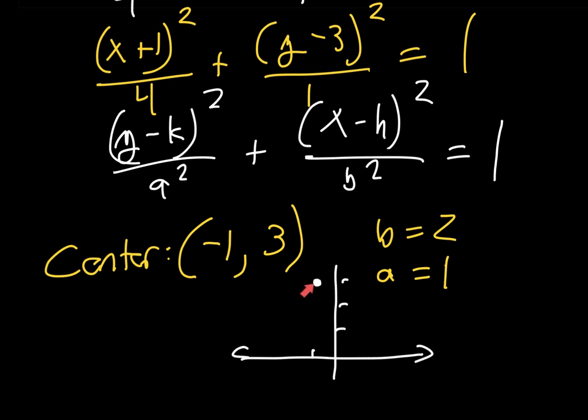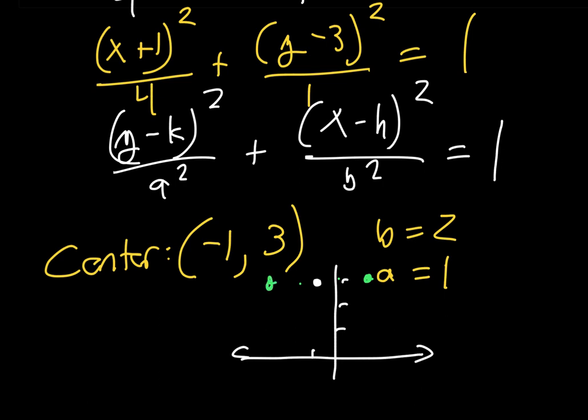So from this point, I am going to go 2 in the x direction. Again, this number under the x squared portion is the x direction from the center. So from here, I'm going to go to the right 2, 1, 2. I'm going to go to the left 2, 1, 2.